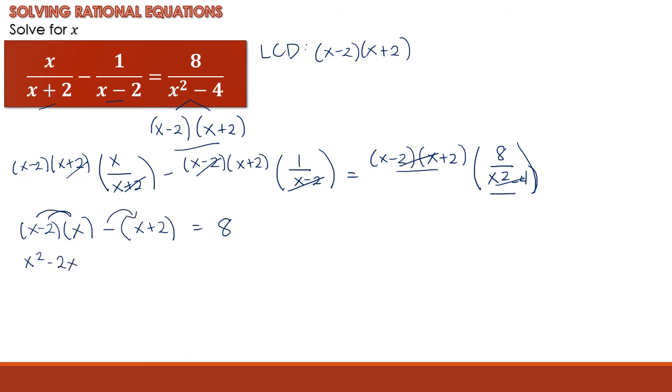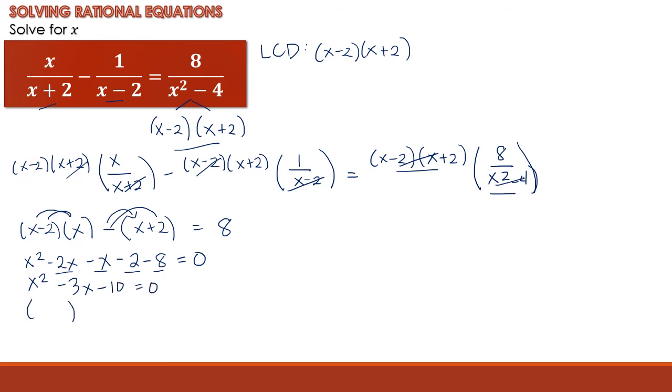Negative ng x, negative x, negative ng 2, negative 2. And by addition property of equality, pwede nating isulat si 8 sa other side. Okay. Simplifying further, x squared, negative 2 minus x is negative 3. Negative 2 minus 8 is negative 10 equals 0.